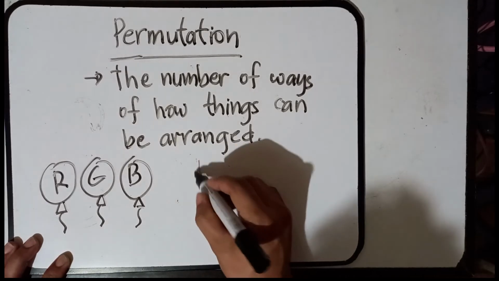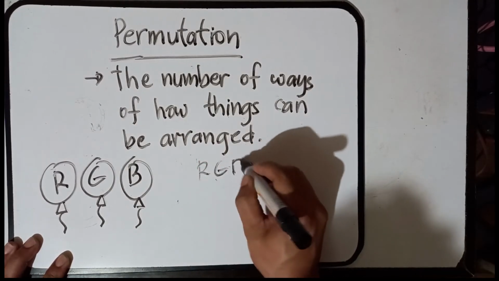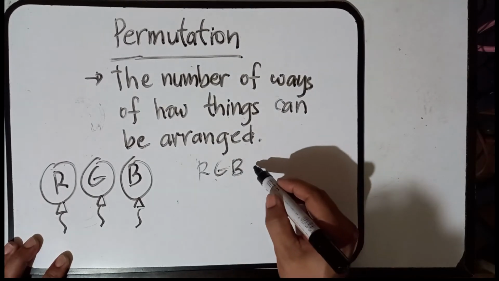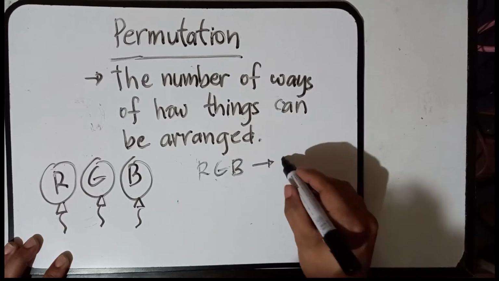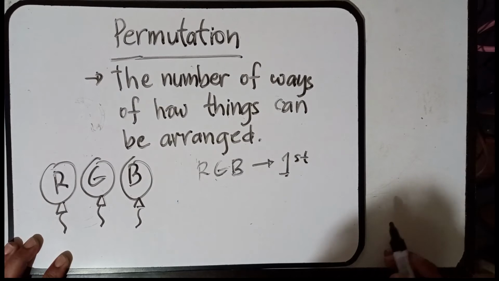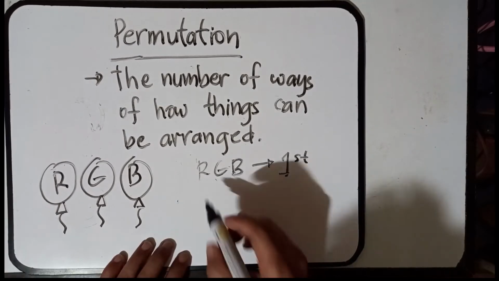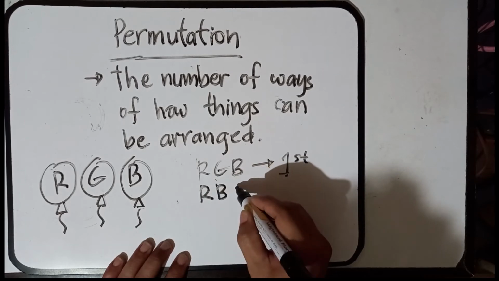So let's start by writing here the red, green, and blue. So this is the first permutation, the first order, or order number one. Another way of arranging this is red, blue, and green.